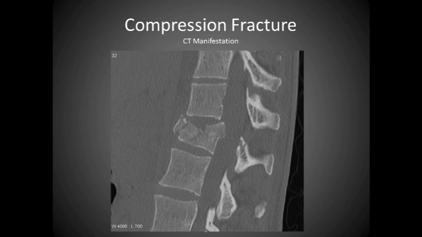Here is a compression fracture, very difficult to distinguish between it and a burst fracture, or at least on this one. We have anterior fragmentation and some posterior fragmentation as well. We have a line running like this and this.